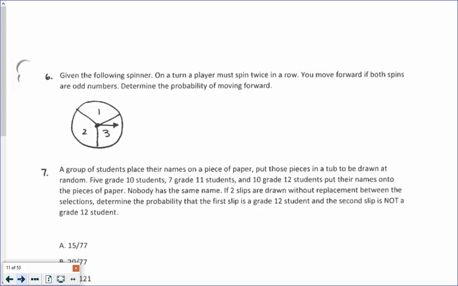Given the following spinner, on a turn, a player must spin twice in a row. You move forward if both spins are odd numbers. Determine the probability of moving forward. How many spins are you doing? 2. So you're spinning, and then you're spinning again. So you've got the first spin and the second spin.